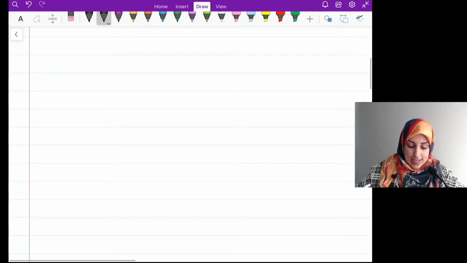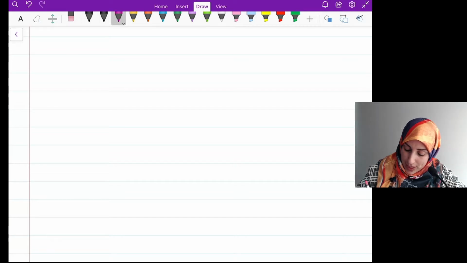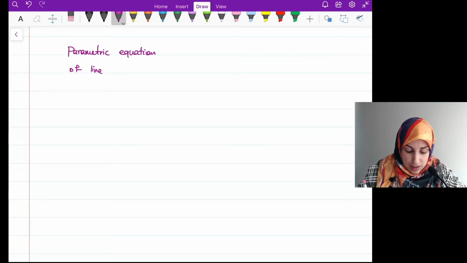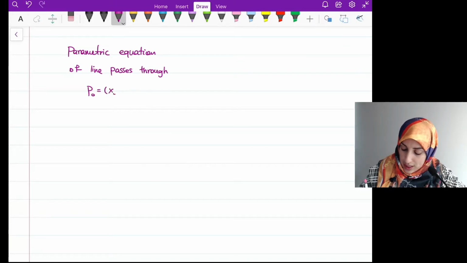So now I can say that this is called the parametric equation of the line that passes through the point P0 with the components x0, y0, and z0, and it's parallel to the vector v, a, b, c.